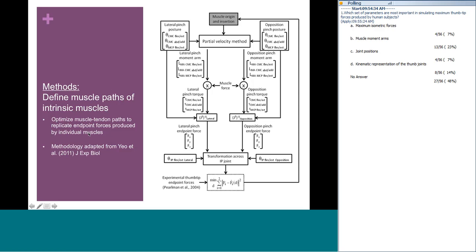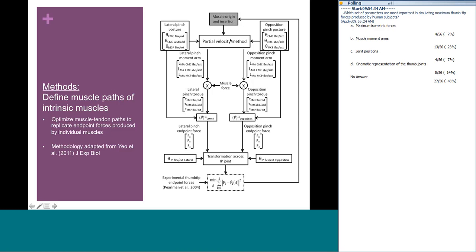So basically what we set out to do is optimize the origin and insertion points of the muscle tendon path so that the difference between the endpoint force estimated for a given muscle and the experimental thumb tip forces measured in the cadaver study from Pearlman in 2004, that error, is minimized. So we start with a muscle origin and insertion.